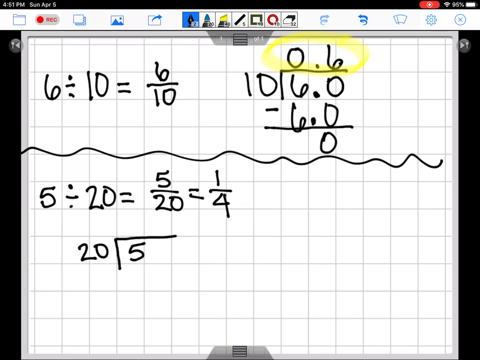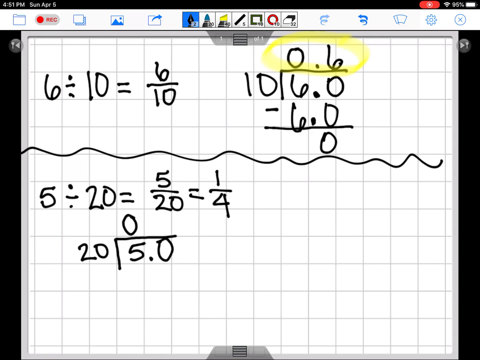We know that 20 is greater than 5, so we know that 20 can't go into 5 any times, so we are going to create our equivalent decimal here. Now, how many times can 20 go into 50? If 20 goes into 50, let's see, I can just think of that as 2's. 2, 4, that means I'm going to count 20, 40, 60.